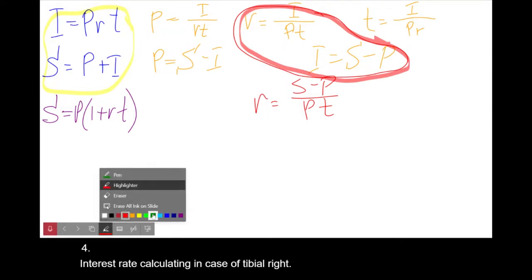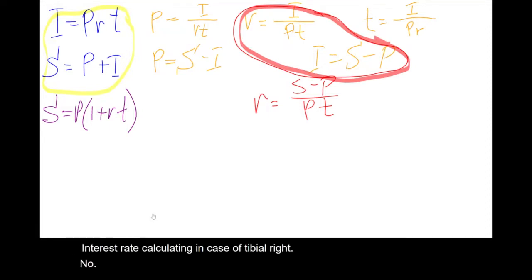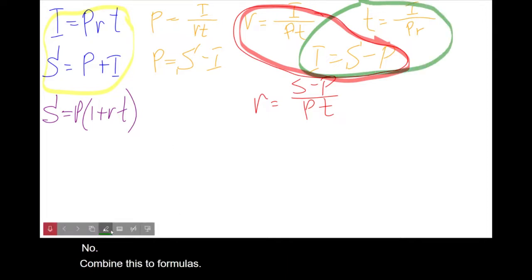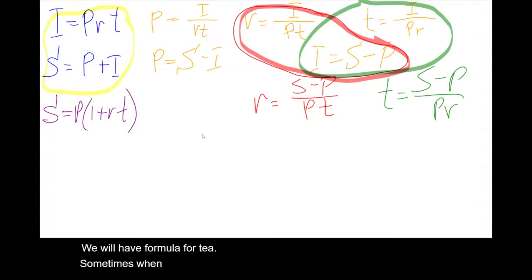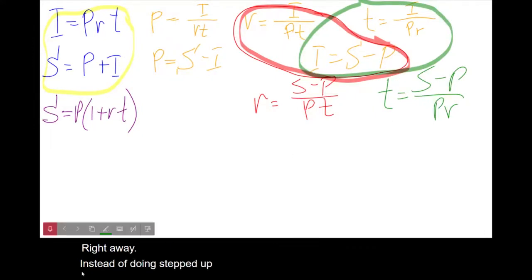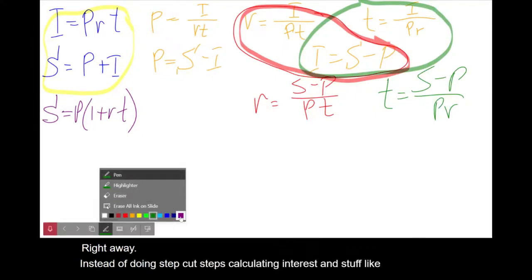Now we combine these two formulas and we will have the formula for T. Sometimes when we have future value and present value, we can find time right away instead of doing steps calculating interest and stuff like that.